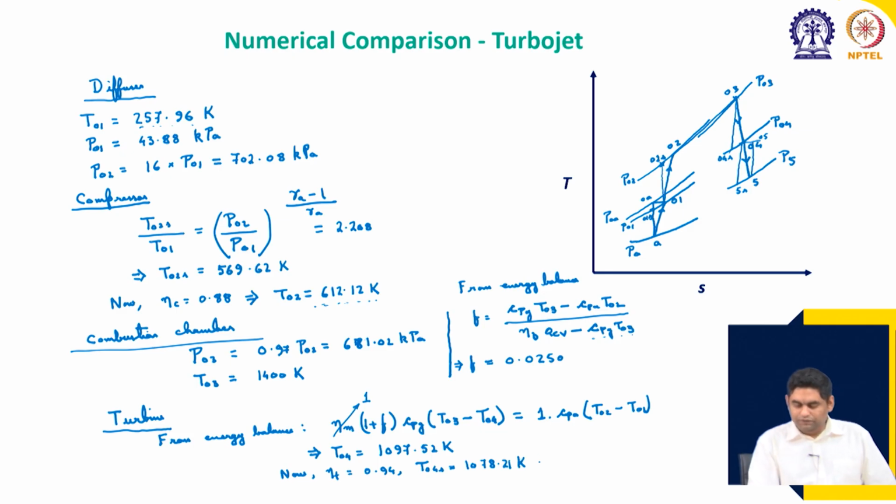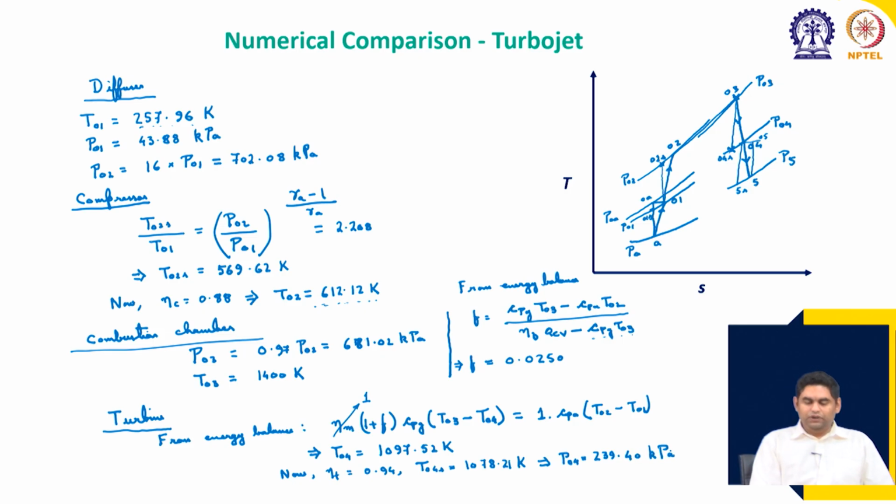Okay. And from T04s and T03 we use the isentropic relation to get the ratio of P03 and P04. So, we get the value of P04 to be equal to 239.40 kPa. Okay.